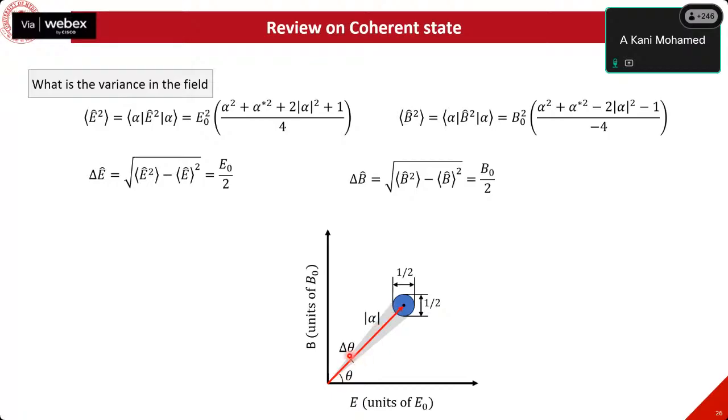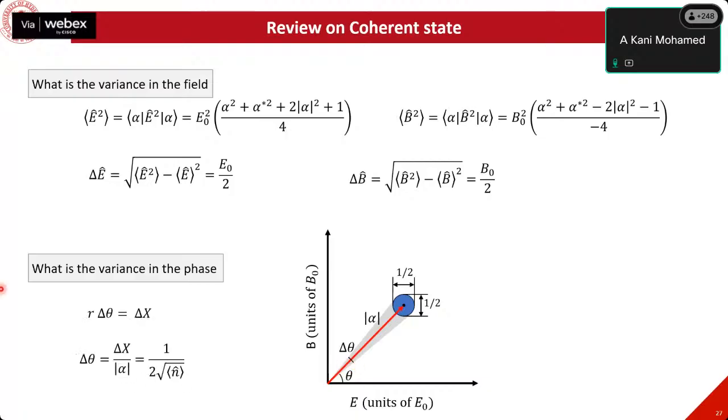So this is the minimum uncertainty or the minimum precision that we can measure. We cannot go anything beyond that. So let's try to estimate what this minimum value of the phase difference is. So what is the variance in the phase?